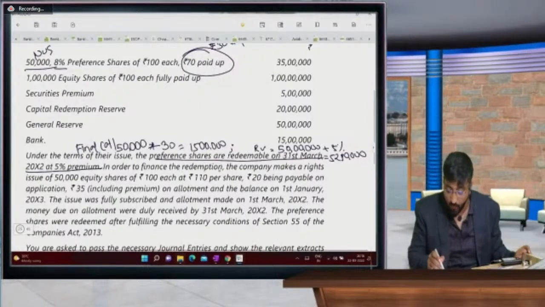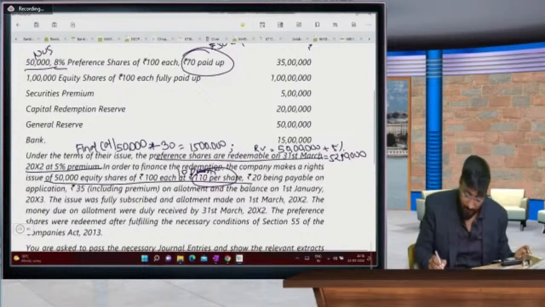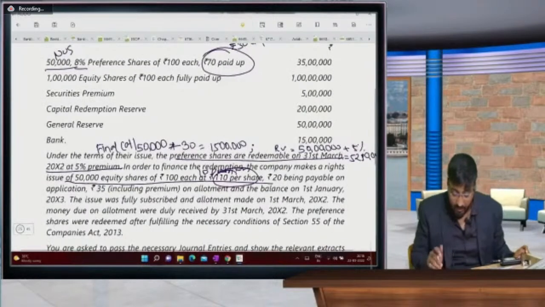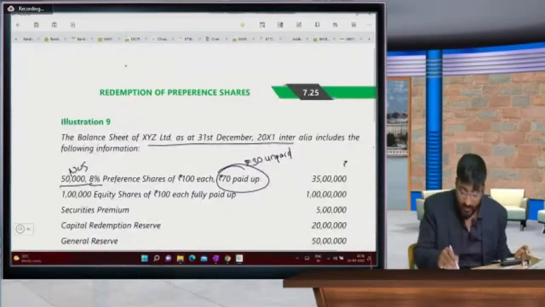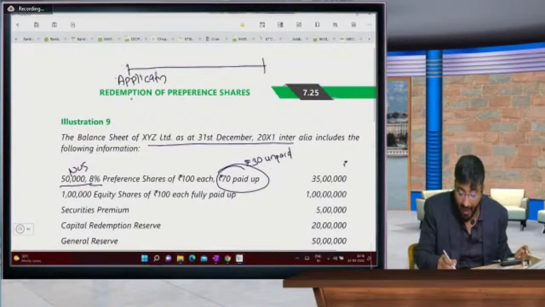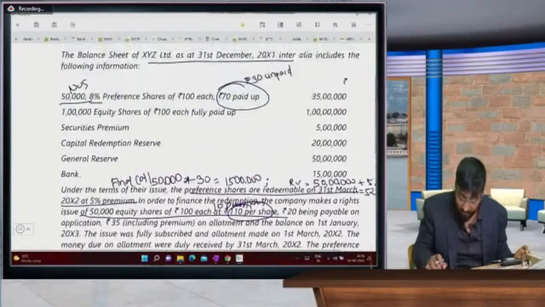In order to finance the redemption, company makes a rights issue. 110 rupees pay, so 10 is premium. Now I draw the timeline. So what is the timeline? See, on equity shares, application is rupees 20.